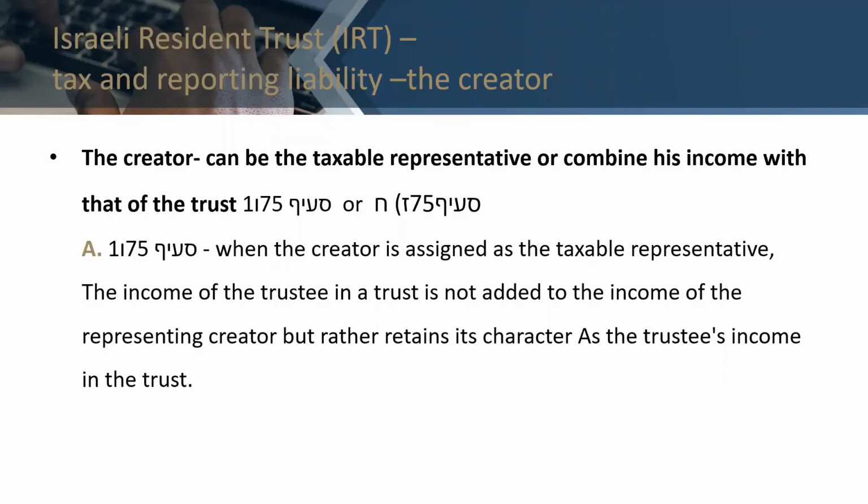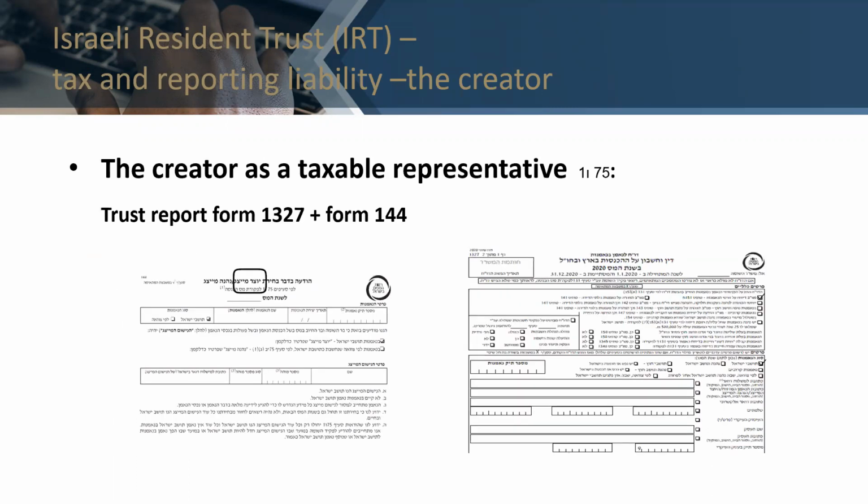So the creator can be a tax representative or combine his income with that of the trust. The first possibility is when the creator is assigned as the tax representative. The income of the trustee in a trust is not added to the income of the represented creator, but rather retains its character as the trustee's income in the trust.